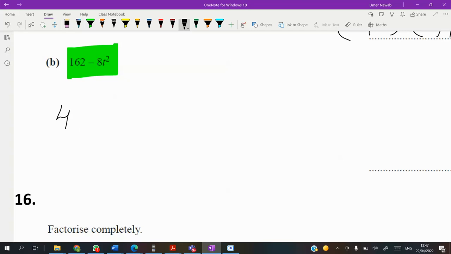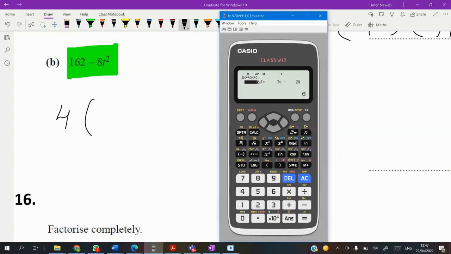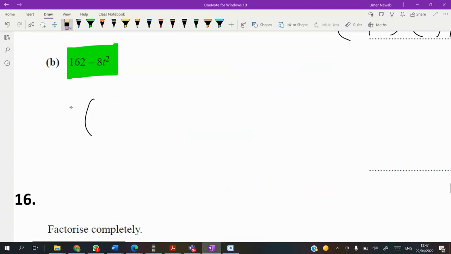I think take 4 common. So 162 divided by 4, what is the answer? No. I think we need to take 2 common only. 162 divided by 2 gives, yes, only 2 common. So this is 81 and this is 4t squared.